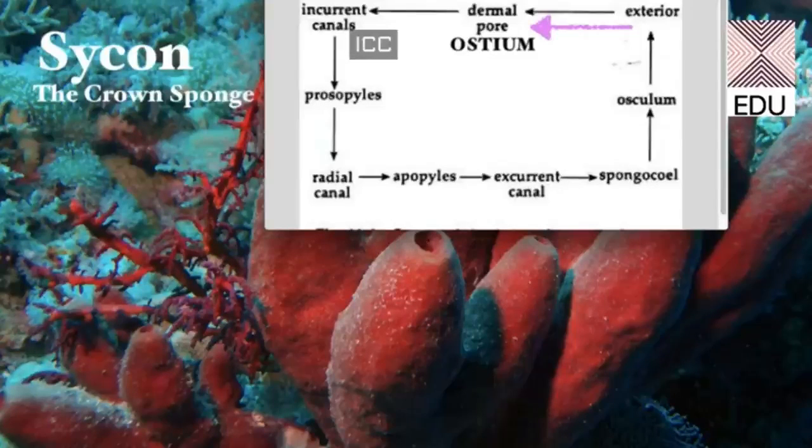From incurrent canal, this water enters into the prosopyles. So these were the small channels. So from prosopyles, it goes to radial canal, then it goes to apopyle, then the excurrent canal, and then it goes to the spongocoel in the very center. So from the spongocoel, it goes out through the osculum. So this is the whole water current in the body of the Scypha.